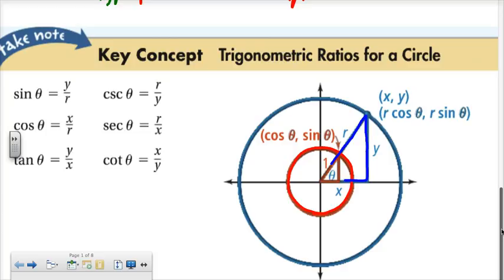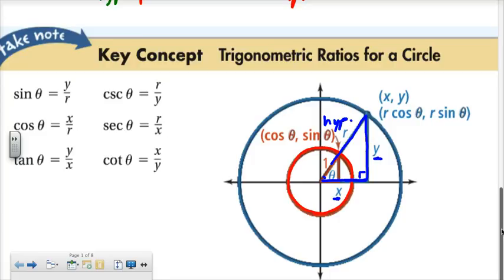And so we're trying to figure out how you could get both your x and your y coordinates if you needed them. Well, if this is our angle, then we know r is going to be the hypotenuse, because here's our right angle, and the hypotenuse is always opposite the right angle. That's our definition from geometry.